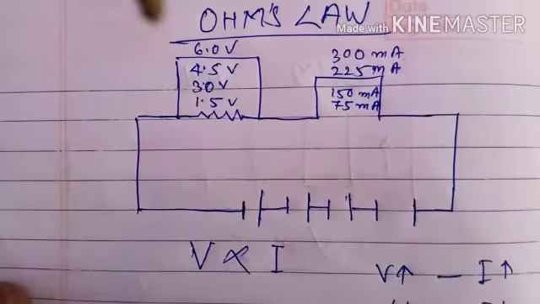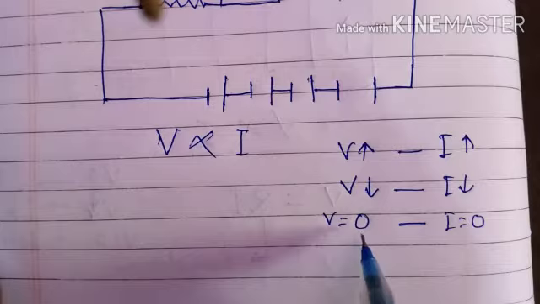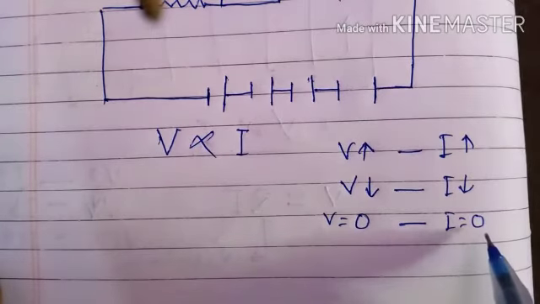And in case the potential difference is 0, the value of I will also be 0. So if we are increasing the potential difference, the I will also increase, and if we are decreasing the potential difference or voltage, the current will also decrease. And in case the potential difference is 0, the current will also be 0.